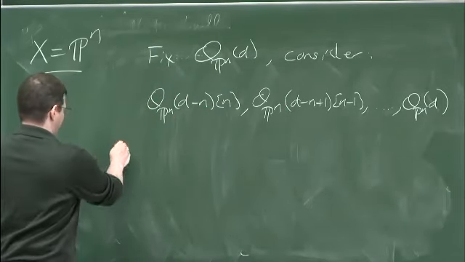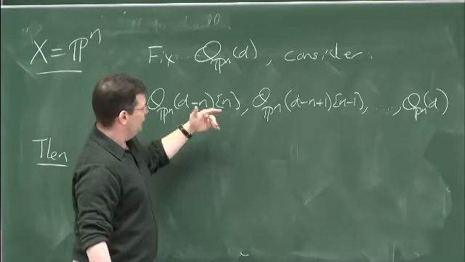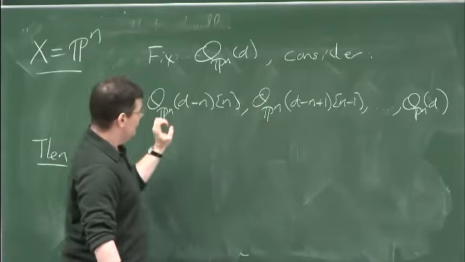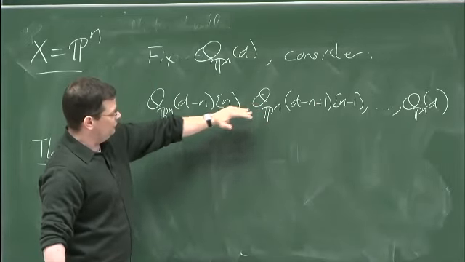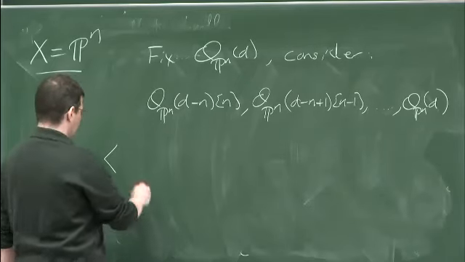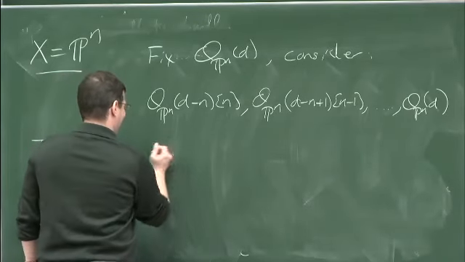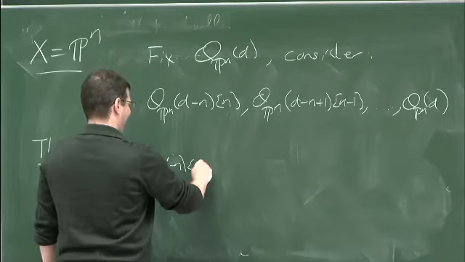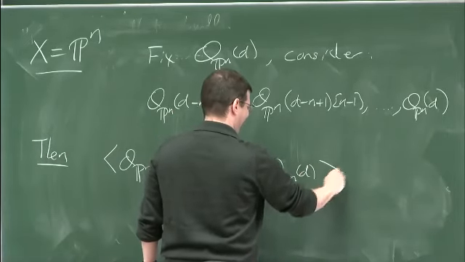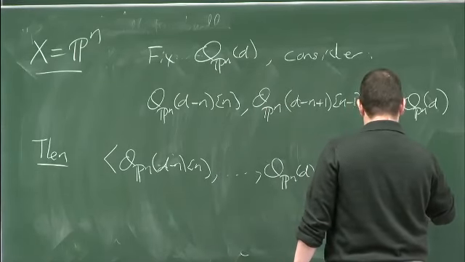Turns out that if I look at the category generated by these things and all of their extensions, I'll call this the Ext generator. This is generated by all extensions.